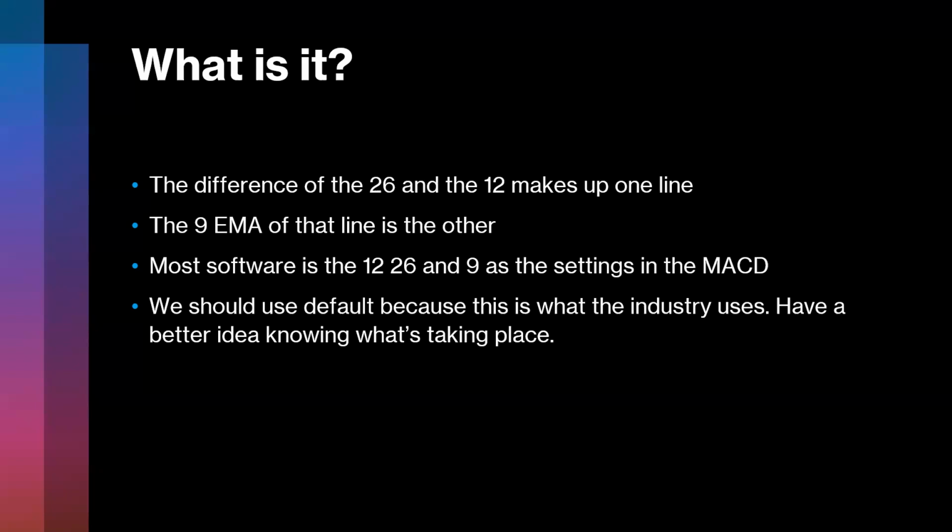So trying to fiddle with it and have something that's different could be misleading, because when 90% of the market is using it, obviously the algos are going to respect it, right? And obviously we want to trade with the algos. So you can fiddle with it, but I wouldn't suggest it. Okay, just use the default.